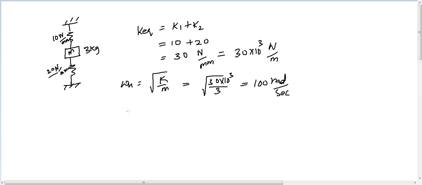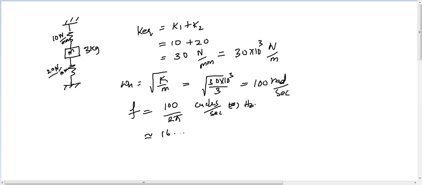This also can be written in terms of frequency, f is equal to 100 by 2 pi cycles per second or hertz. That means this value is nearly equal to 16 something.